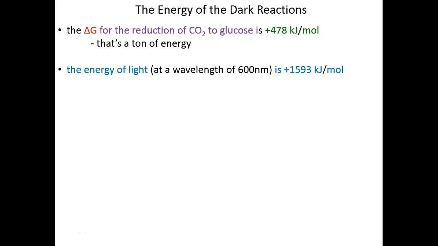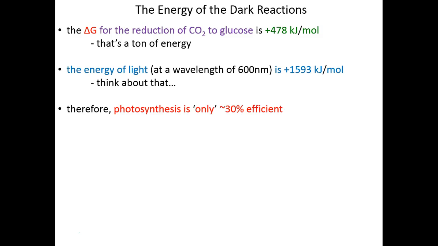The energy of light itself can be measured per unit mole, and at a wavelength of 600 nanometers, the wavelength that's absorbed by photosystem 2, that energy is almost 1600 kilojoules per mole. Think about that. The plant is absorbing 1600 kilojoules per mole, and it's capturing, through glucose biosynthesis, 478 of those kilojoules.